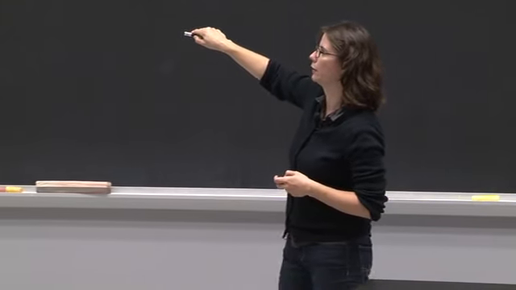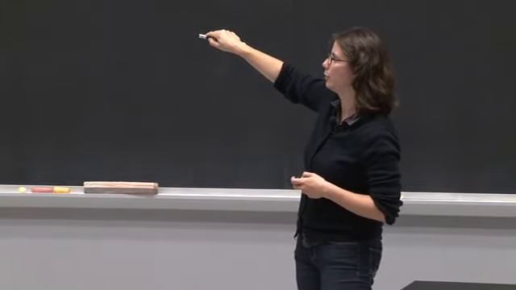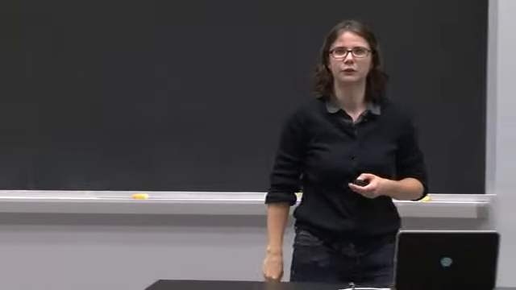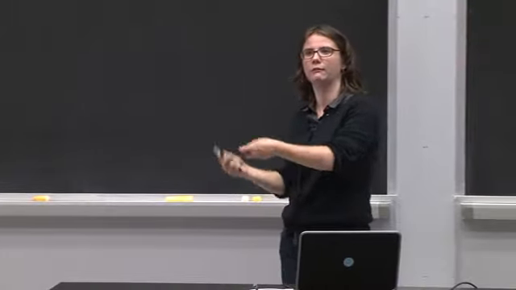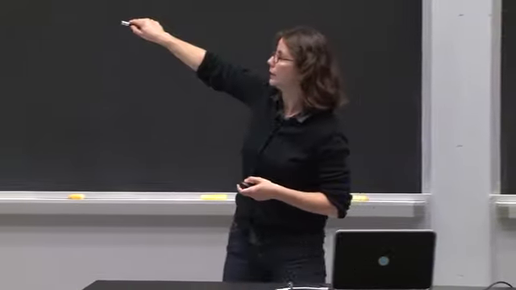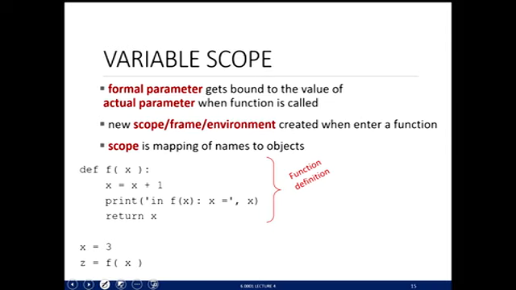So as you're entering from one scope to another, you're sort of passing these values back and forth. So when you're entering a scope, you're passing a variable into the function. And when the function's finished, you're passing a value back to whoever called it. Okay? So once again, this top part is the function definition.